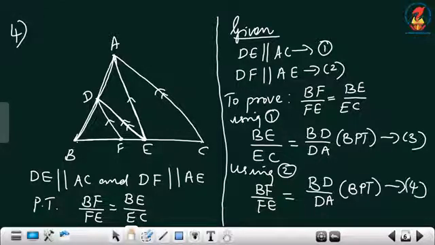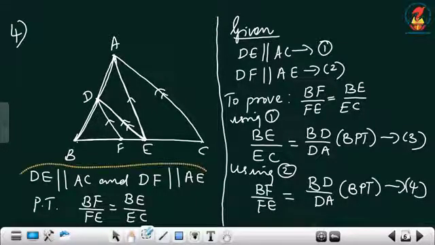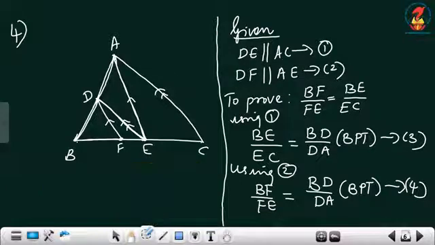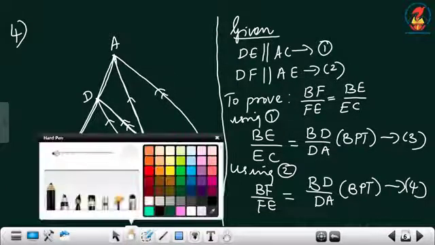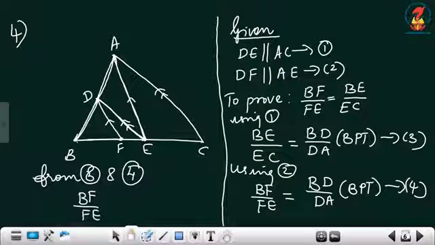Equation 4. So, from 3 and 4 we can write BF by FE is equal to BE by EC.